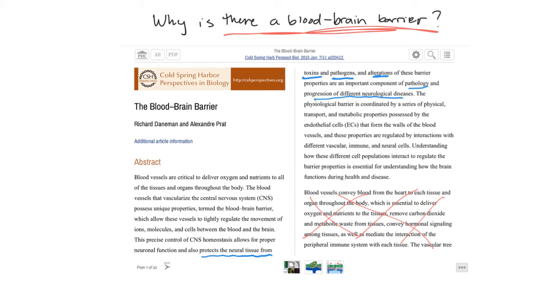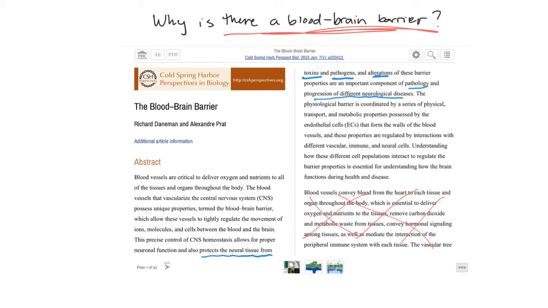So if you have an infection and those bacteria are in your blood, we have a second line of defense to keep them from getting in your brain. Because if your brain is infected, you're dead.